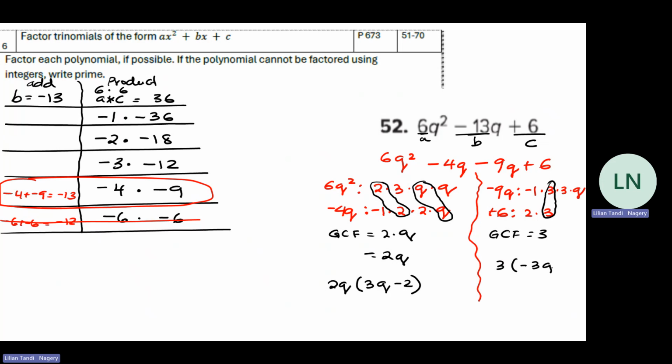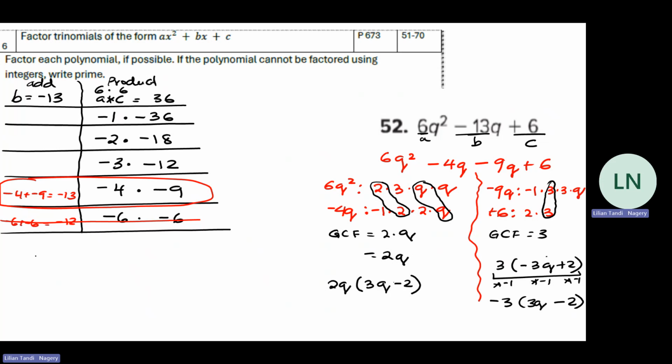Negative 3q plus 2. My insides are not the same, so I have to change everybody. Multiply everybody by negative 1. Everyone multiply by negative 1. So negative 3, positive 3q minus 2.